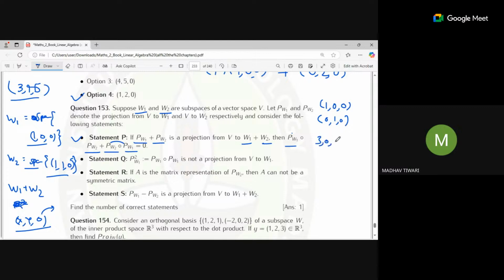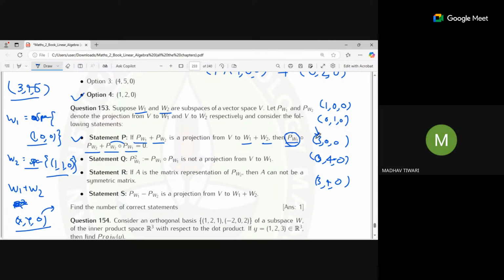The projection on this one will be 3, 0, 0, and the projection on this one will be 0, 4, 0. If I add these two, this will be 3, 4, 0. So that is the way of finding the projection. It is saying that if I find the projection on W1 of any vector I have, this 3, 4, 5, I get 3, 4, 0.